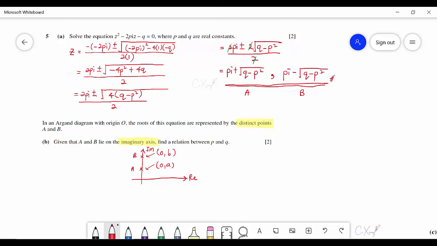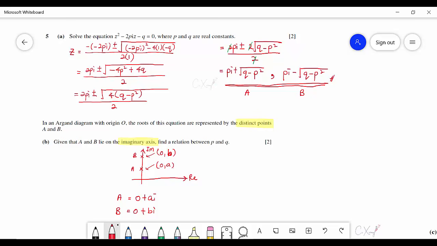That means the x coordinate should be 0, and the value here only has value on the imaginary axis. If you want to write A in complex number form, it will be 0 plus ai, or B will be 0 plus bi. This is something that you should know.